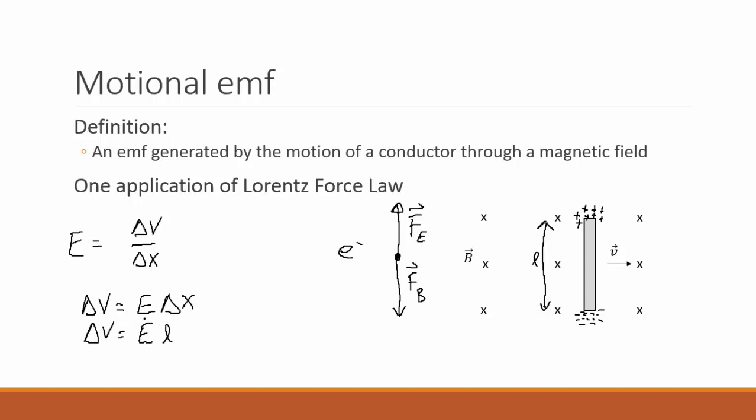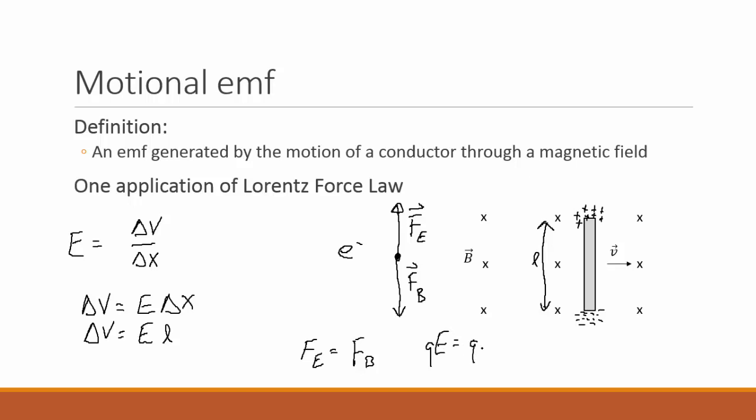Well, how big is the electric field? We need an electric field that's big enough to cancel out the electric force. Well, what we know then is that the magnitude of the electric force is equal to the magnitude of the magnetic force. The electric force is qE.